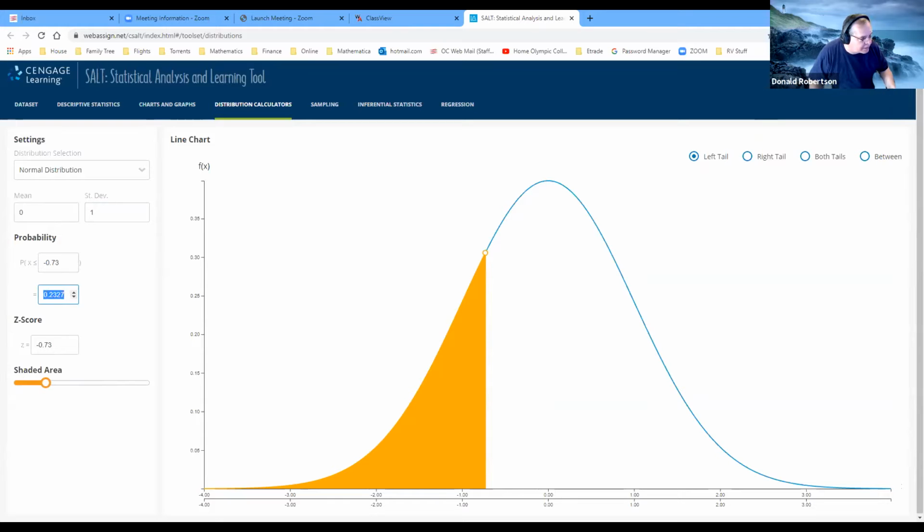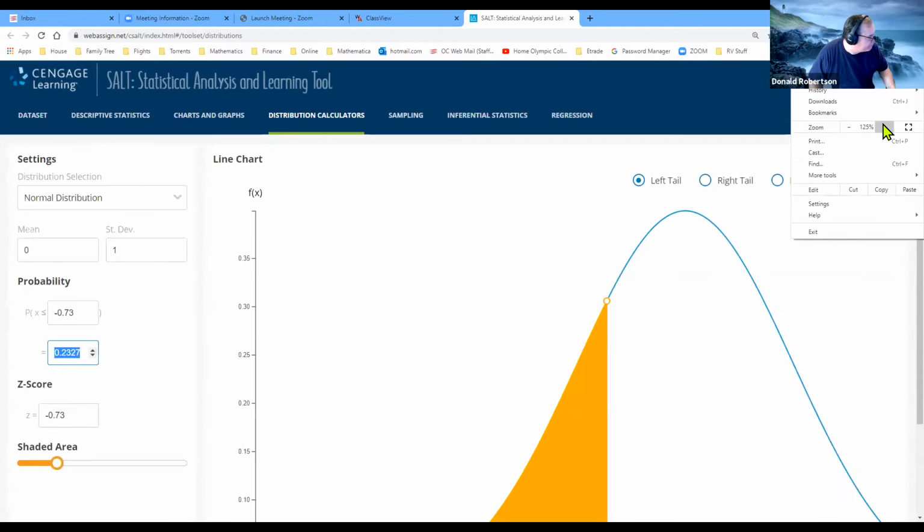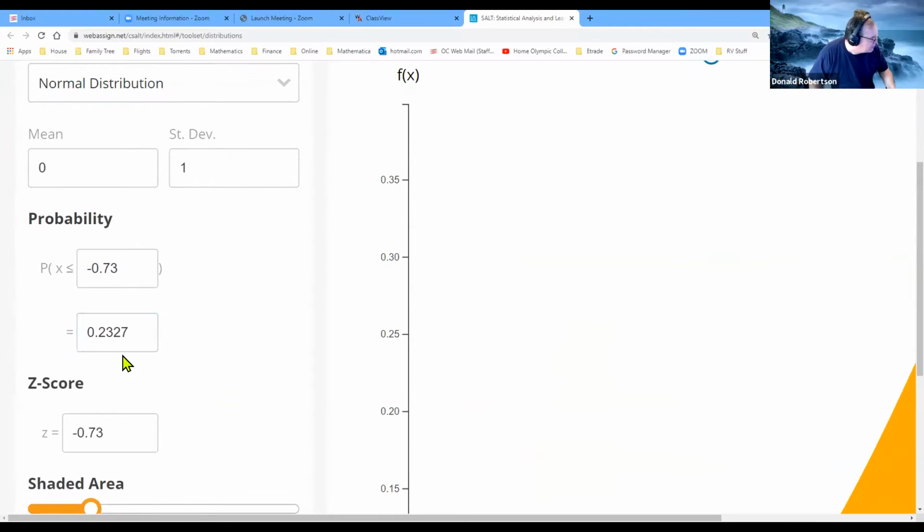Maybe I could make it bigger again to show you. See this number here? It is the p-value. What that is saying is the probability that you get a Z-score less than negative 0.73 is going to happen about 23% of the time, 0.2327.